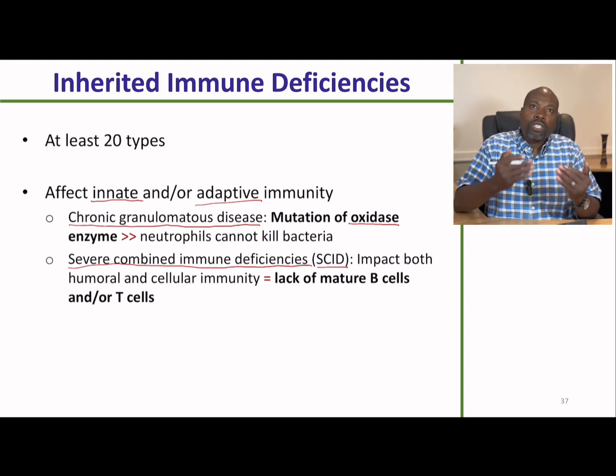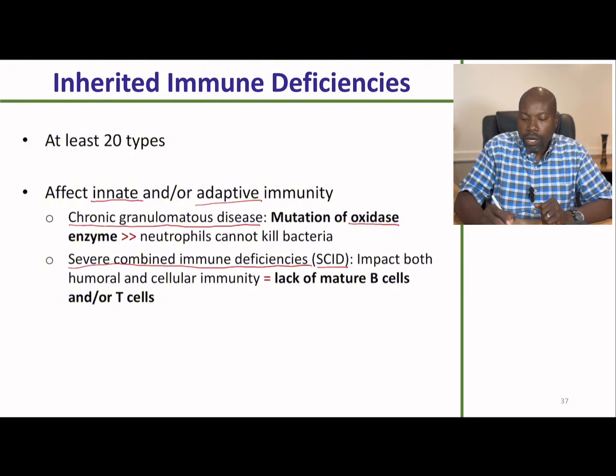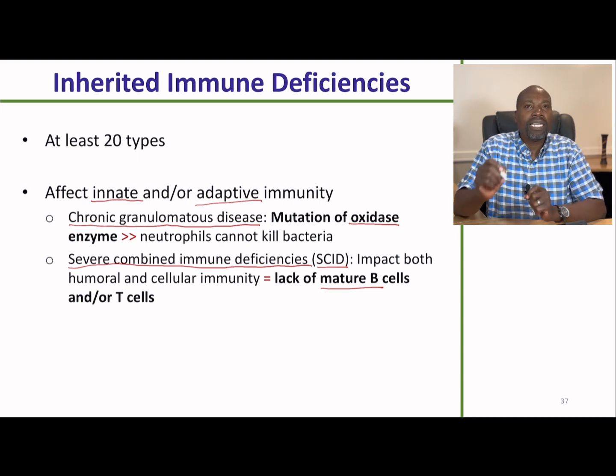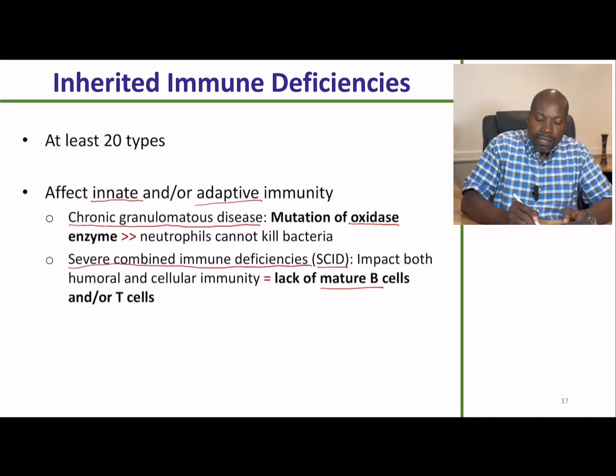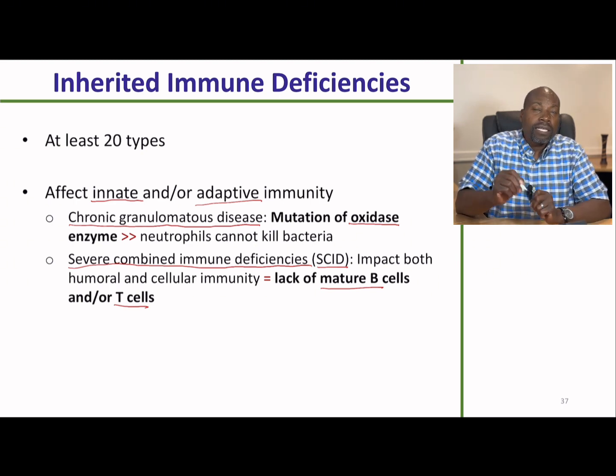And this is going to occur because of the lack of maturation of B cells that are involved in antibody-mediated immunity and T cells that are involved in cell-mediated immunity, right?